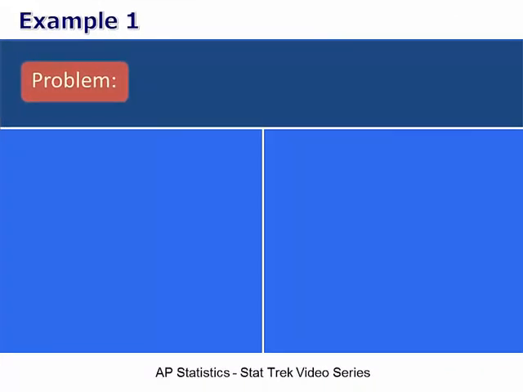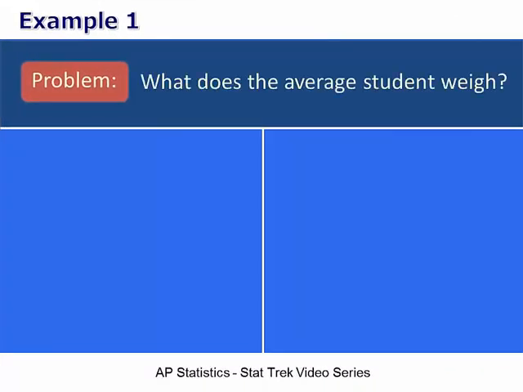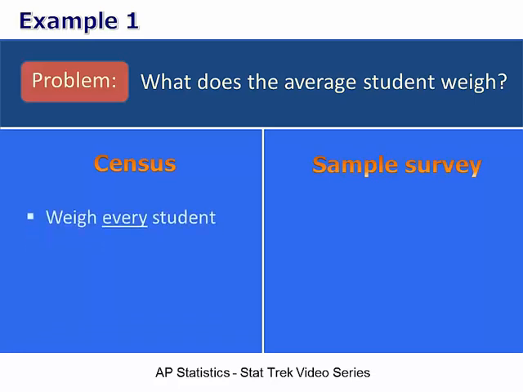Suppose you wanted to know the average weight of a student enrolled at Harvard University. You could answer this question with a census or with a sample survey. If you weighed every single student, you would be conducting a census.